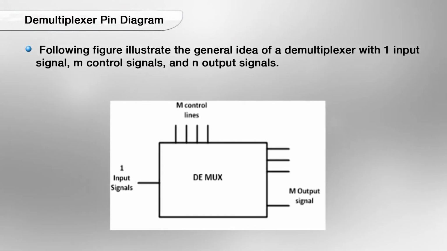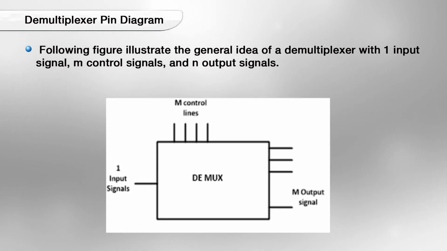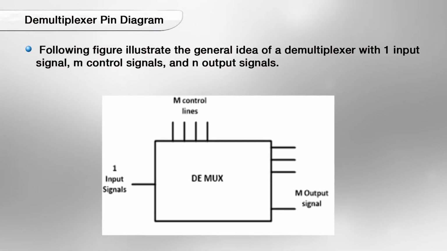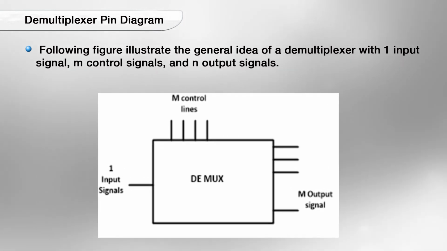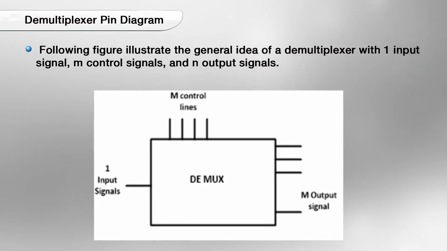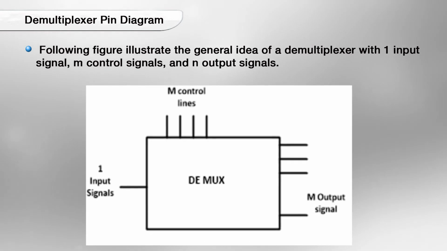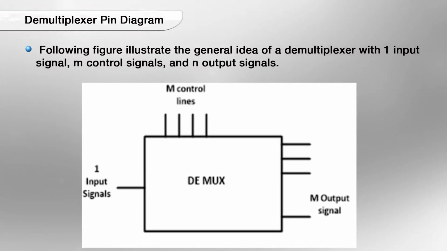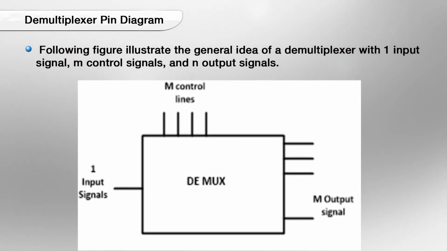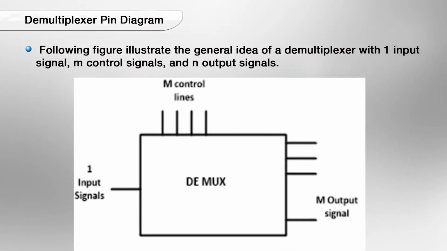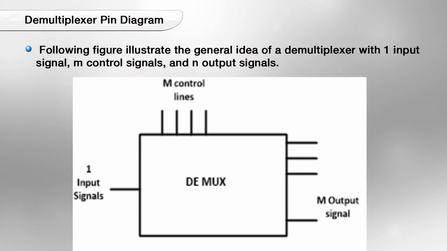The following figure illustrates the general idea of a demultiplexer with one input signal, m control signals and n output signals. So here we can see the diagram for a demultiplexer. Here it has one input signal, m number of control lines and n number of output lines.